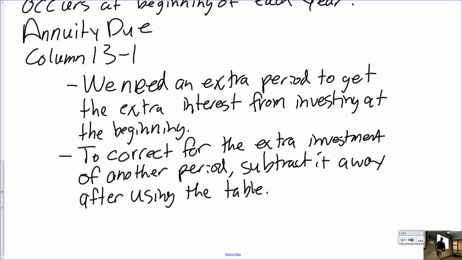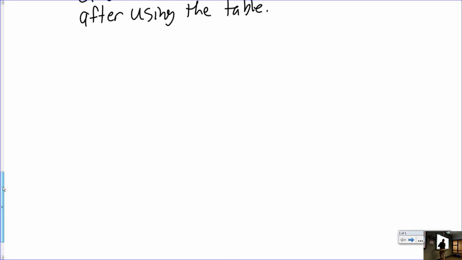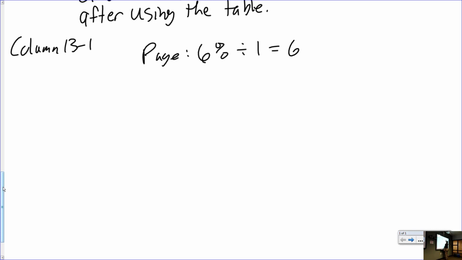So, here's how it works, right? So we're still using column 13-1. The page we're working on, am I going to change the page because of investing at the beginning? No. Okay, so we're still going to stay, in this case, on the 6% page. But now, here's where it's slightly different, right? So we're investing for 4 years. We want 4 periods.